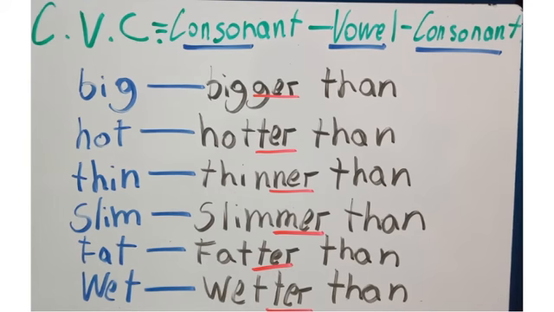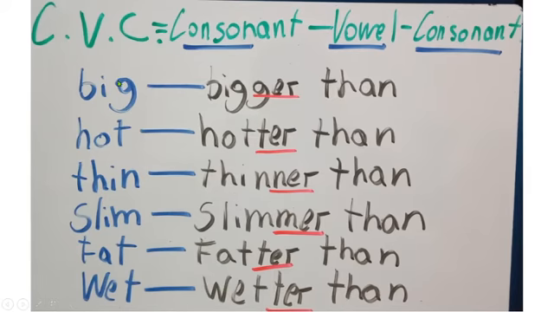Okay, now also in this grammar topic there are two exceptions to change the adjectives into comparative. We're going to start with the first rule, the CVC, or consonant vowel consonant. We have the words big, hot, thin, slim, fat, or wet.